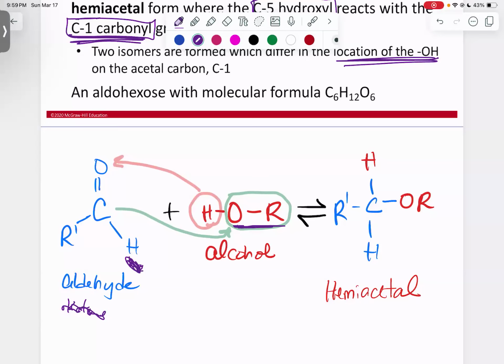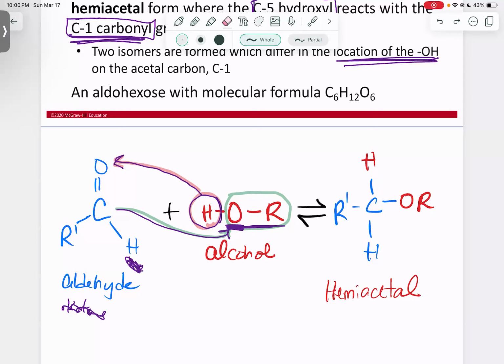We said we had an aldehyde and we had an alcohol. And the carbon is going to make a bond with the oxygen in the alcohol. The alcohol is going to give up its hydrogen to the oxygen that was in the carbonyl. Because remember, when one of these bonds is gone, the oxygen's not happy and the carbon's not happy. So each of them need to pick up one additional bond. The carbon is going to bond to the oxygen in the alcohol, and then the oxygen is going to pick up the hydrogen.